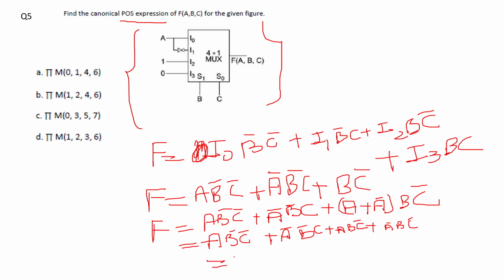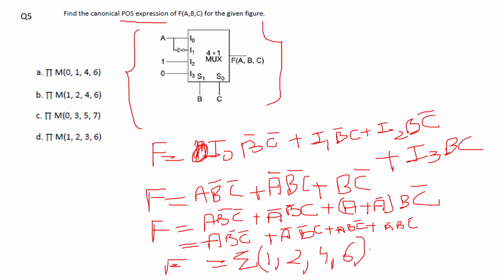Now this is a sum of minterms: this is 1, this is 2, this is 4, and this is 6. So in sum of products form it will be equal to summation of 1, 2, 4, 6.